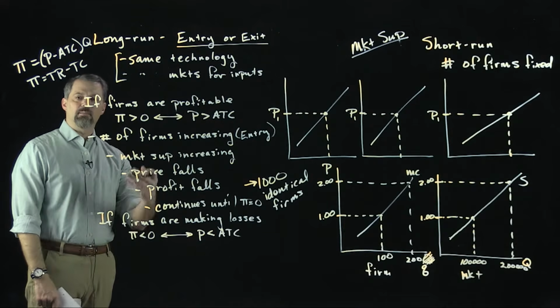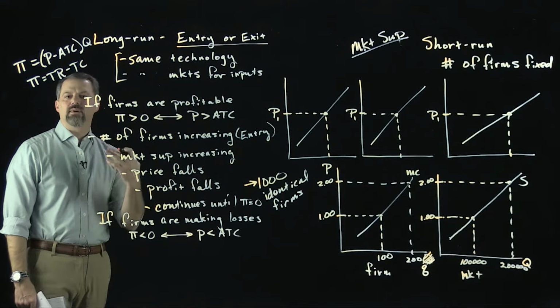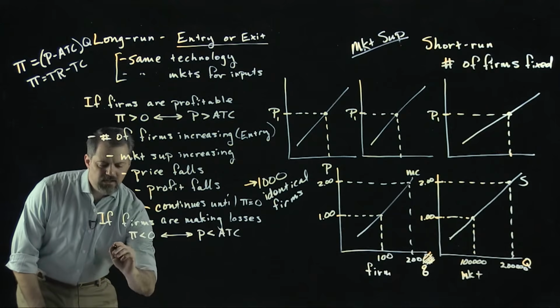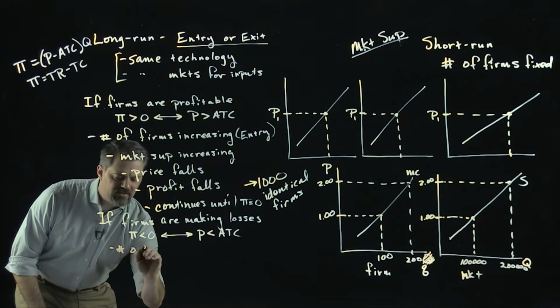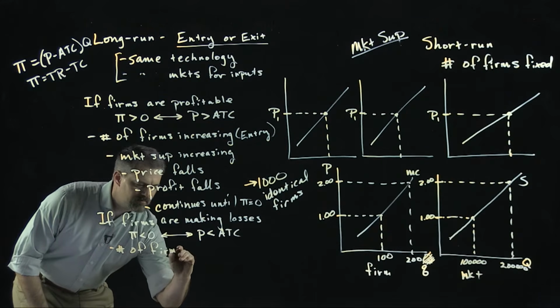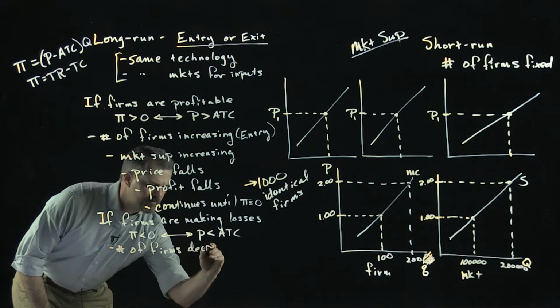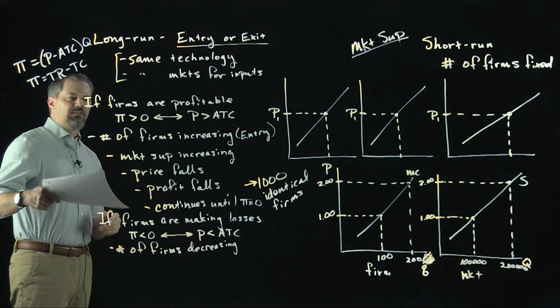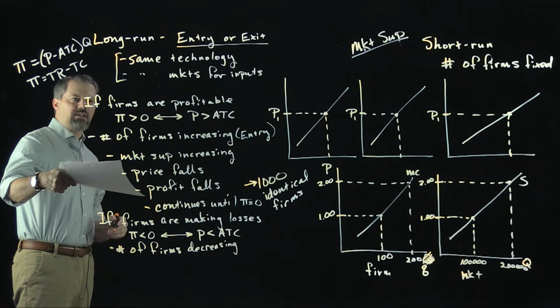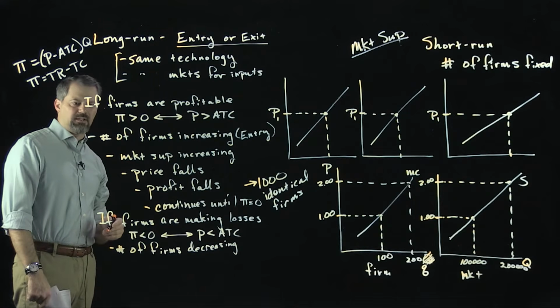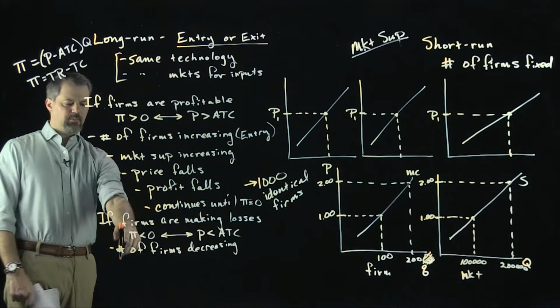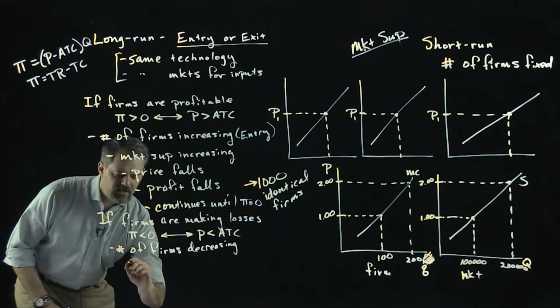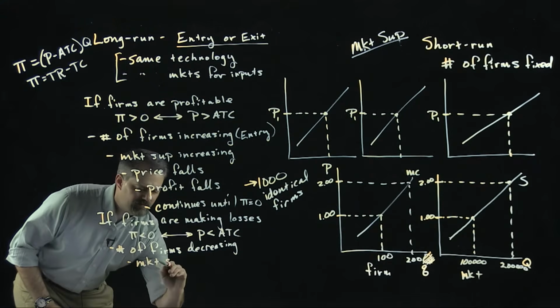That means that the number of firms is going to be decreasing because firms will be exiting the market. If the number of firms is decreasing, then our market supply curve is going to be decreasing, right? If that's a determinant of supply, so market supply decreases.